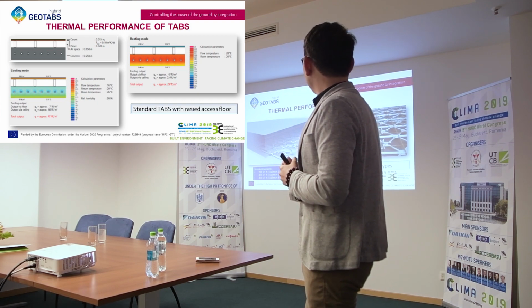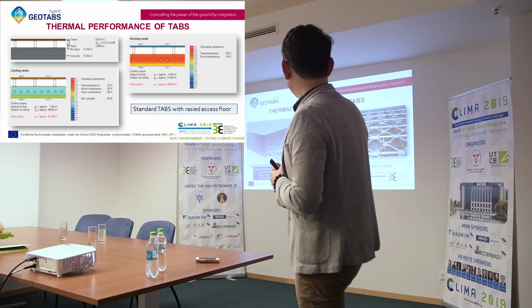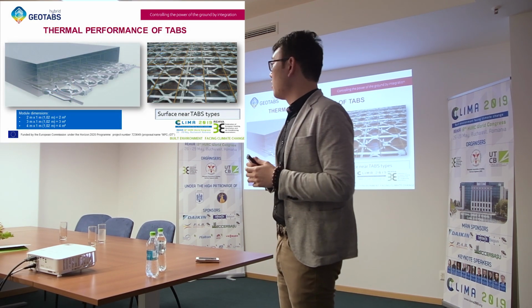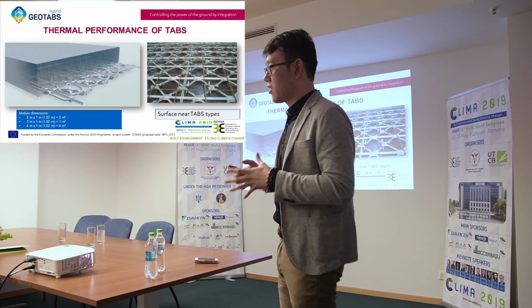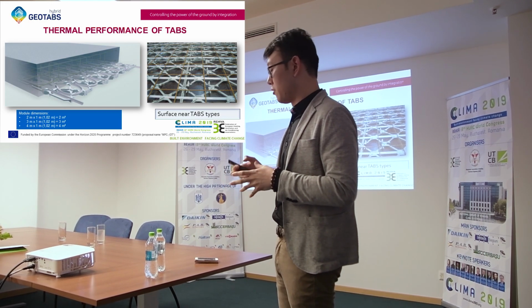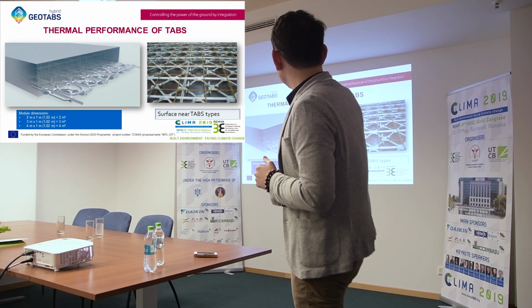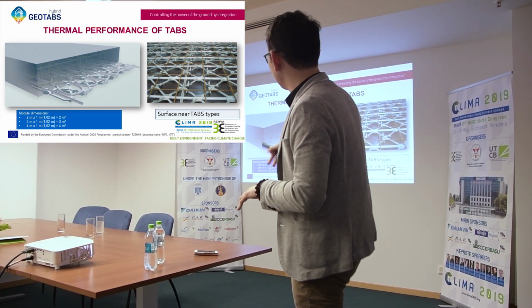Now we introduce a little bit the near surface TABS type. As we introduced, it's a little bit similar to the concept of the wet system. But the pipes are still embedded in the concrete and it's constructed together with the building. So this is still a TABS. Okay. You can see this is how it looks. You have the steel mesh and you have the pipes on top of it.